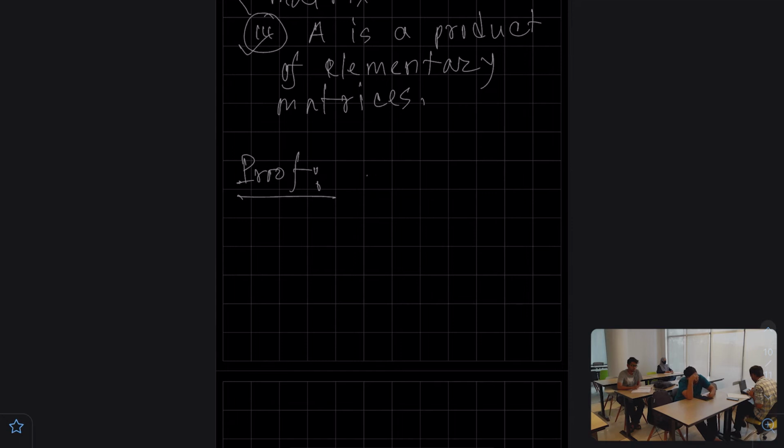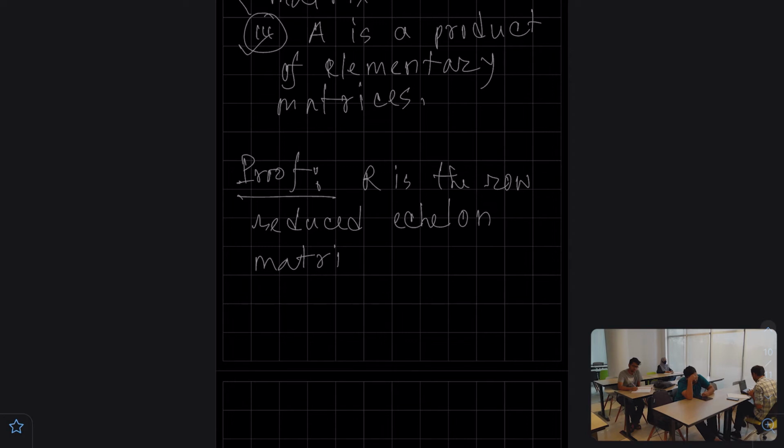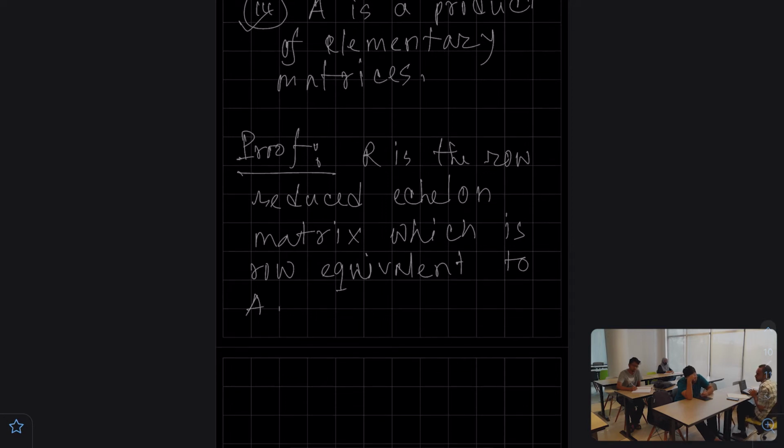So I'm considering R is the row reduced echelon matrix, which is row equivalent to A. Okay.